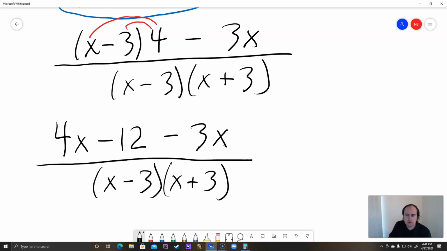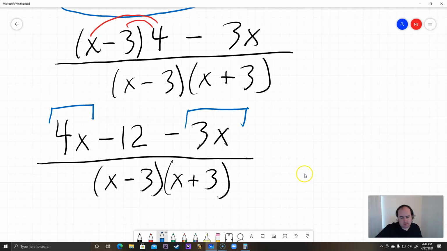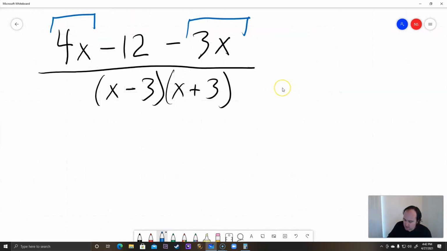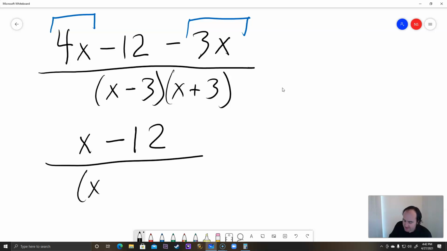And in the numerator, now we actually have like terms. The like terms are 4x and negative 3x. Okay, so 4x minus 3x is 1x, which is just x. So in the numerator, we just have x minus 12, and in the denominator, we have x minus 3 times x plus 3.